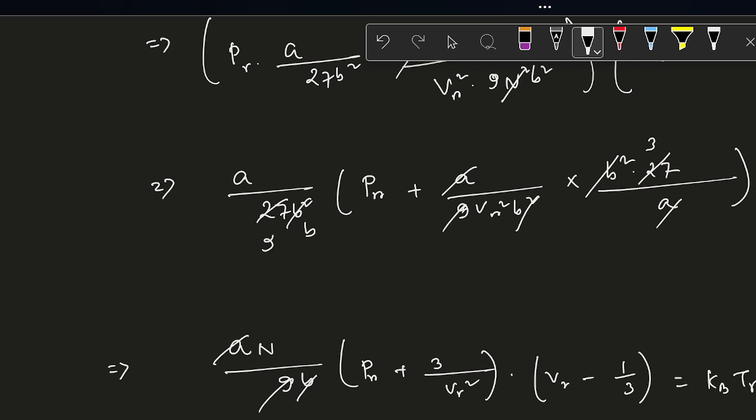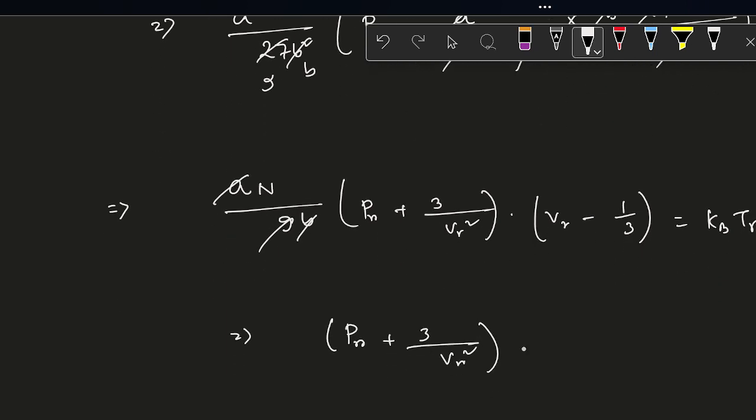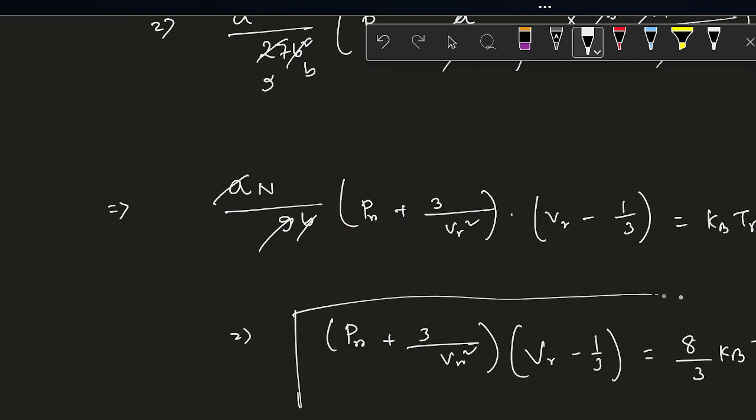So what is the total thing that you get finally? This is (PR plus 3 by VR squared) into (VR minus 1/3) is equal to 8 by 3 KB into TR. So this is the final form of the equation of state.